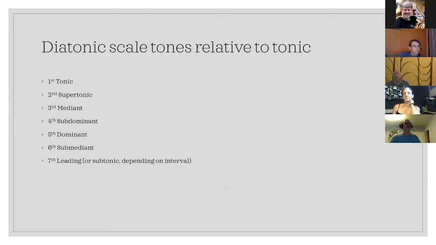They do have their little names, and this is what they are. There is tonic for the first, supertonic for the second, mediant, subdominant, dominant, submediant, leading, and I'll show you a way to look at those.